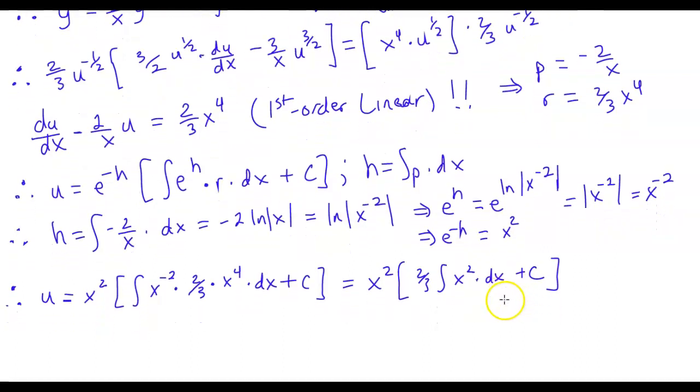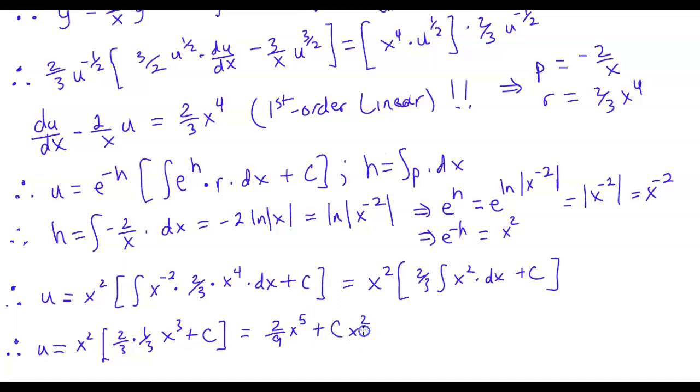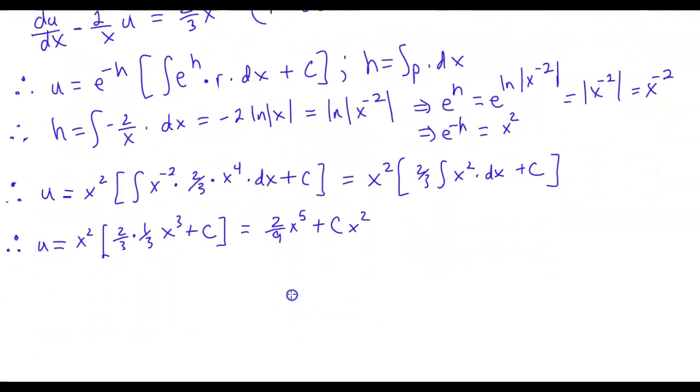Here all we need to do is integrate x squared, which is going to be 1/3 x cubed. So u just ends up being x squared times 2/3 times 1/3 x cubed plus c, and this ends up being 2/9 x raised to the 5th plus c x squared. And so this is what our solution for u would be.